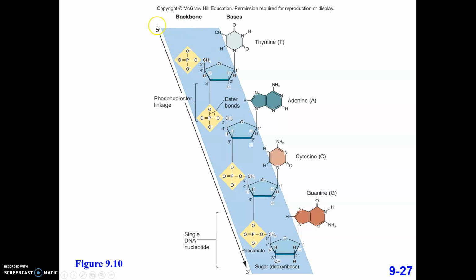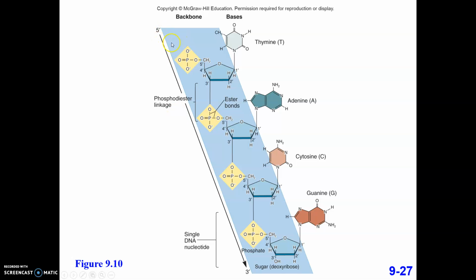So this is the 5' end, and this is the 3' end. Hanging off to the side here, we have the individual bases, and it can be any one of the four DNA bases, so thymine, adenine, cytosine, or guanine. And notice they all hang out here to one side.